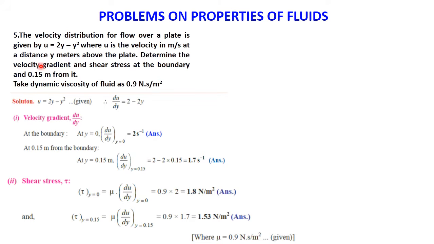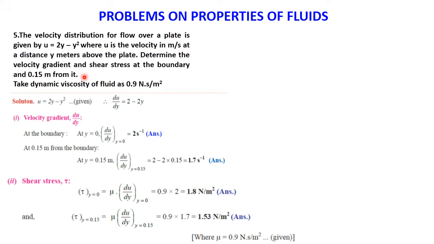So now see guys, here we have to find velocity gradient. Velocity gradient is nothing but du by dy in Newton's law of viscosity. We know that we have written tau is equal to mu du by dy. Therefore the velocity gradient is du by dy.